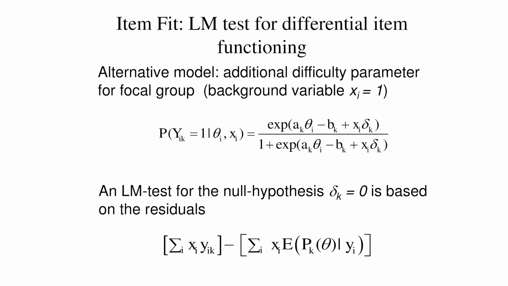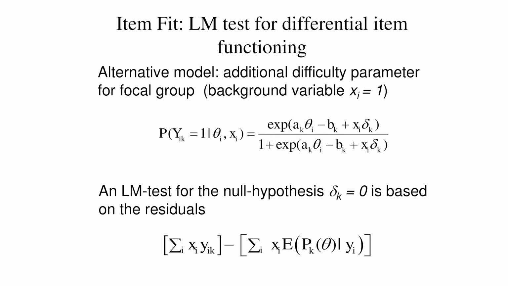And what you see here is the 2PL. It says the probability of a correct response by a student i to an item k, the probability that it equals 1, depends on parameters, but now also on this background variable. You have the discrimination parameter a multiplied by theta minus b, which is the item difficulty.